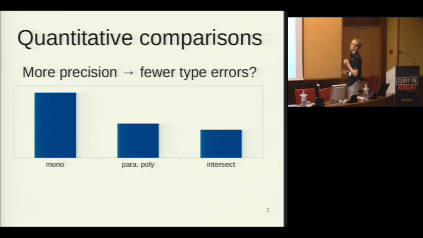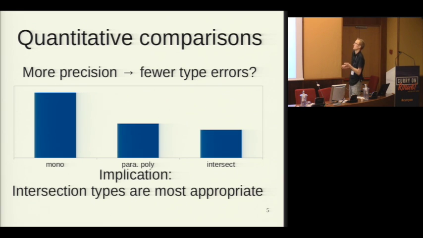So if we count the number of type errors that occur for three different type system configurations, one with monomorphic functions, one with parametric polymorphism, and one with intersection types, we'd expect the intersection types to produce the least number of type errors. And from this, the implication is that choosing intersection types in your type system would probably be the right choice. You would be able to type more programs.